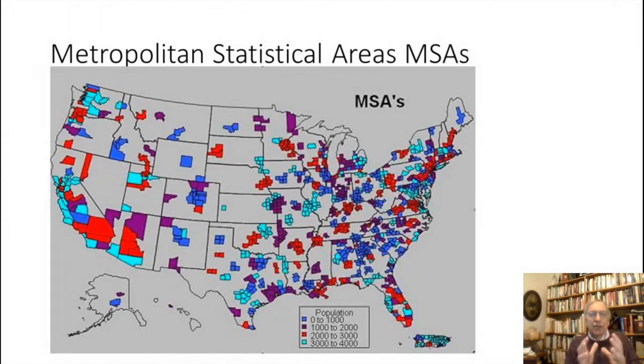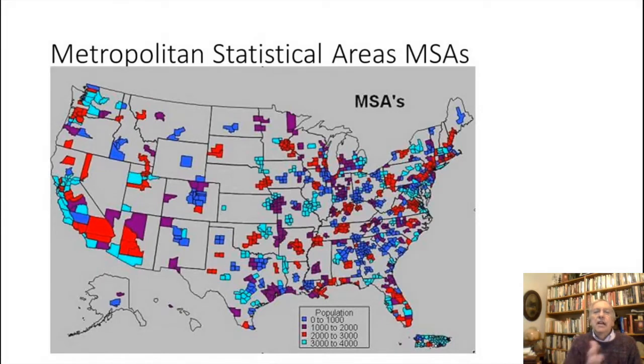You have the legal city, and then suburban sprawl, and then the metropolitan statistical areas, which are really clusters of counties. So that's why you see a lot of geometric boundaries on the map, because they're defined by counties.